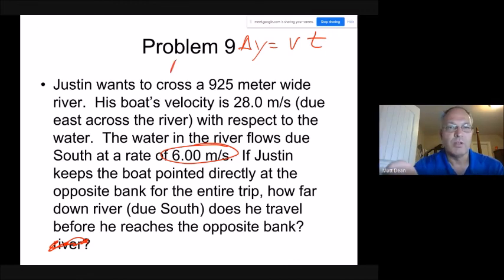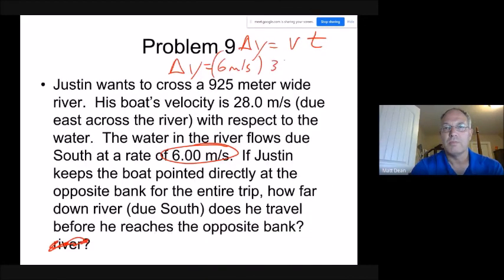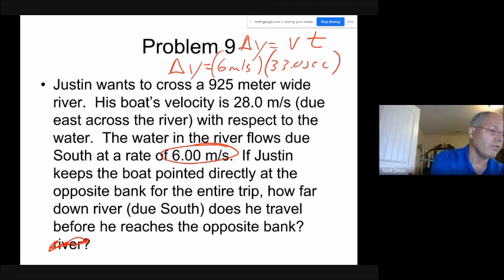Delta y is what we're looking for. He's traveling in the y direction at 6 meters per second, and he's doing that for the same amount of time it took him to cross the river, which was 33 seconds. So 33 times 6, we end up with 198.